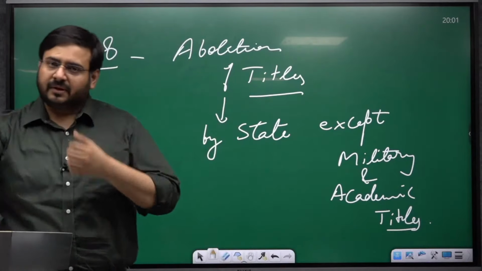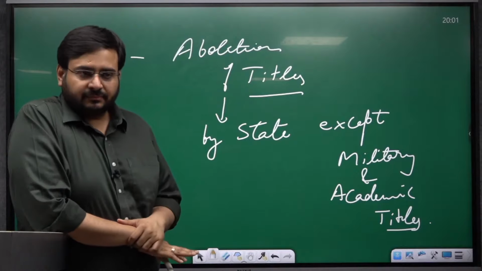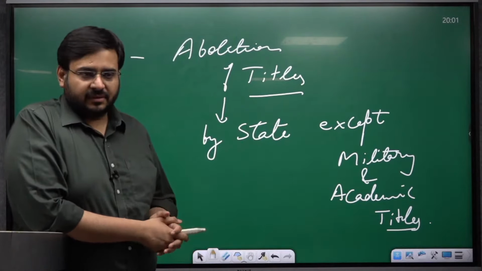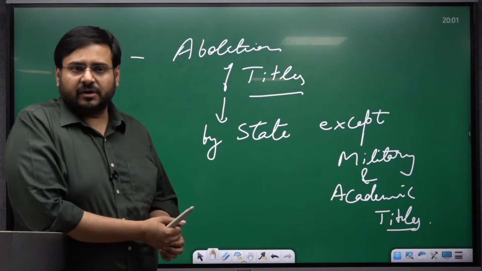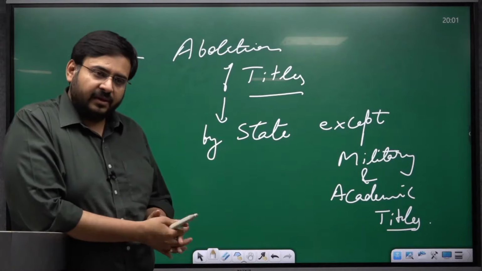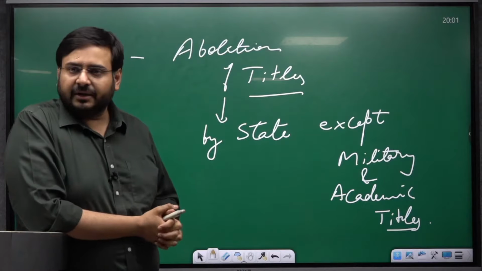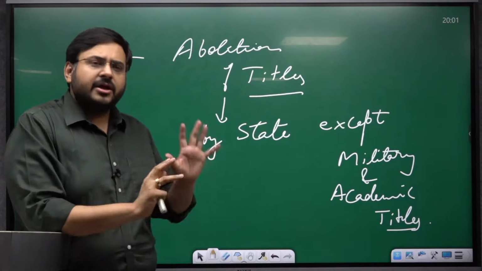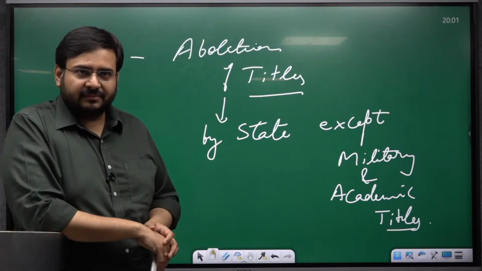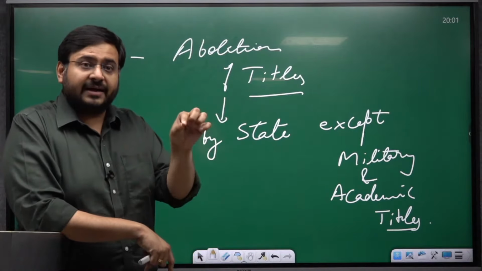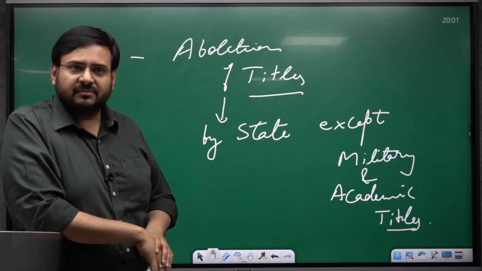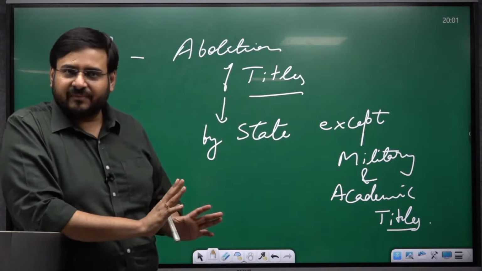Done? That is Article 18. This is available for citizens or for all? It means it is available for citizens or abolished for all. A foreigner can also not have title in India. Indian government cannot give any title. Foreign government cannot give any title to Indian. They can give title to any of their citizen. Understood?